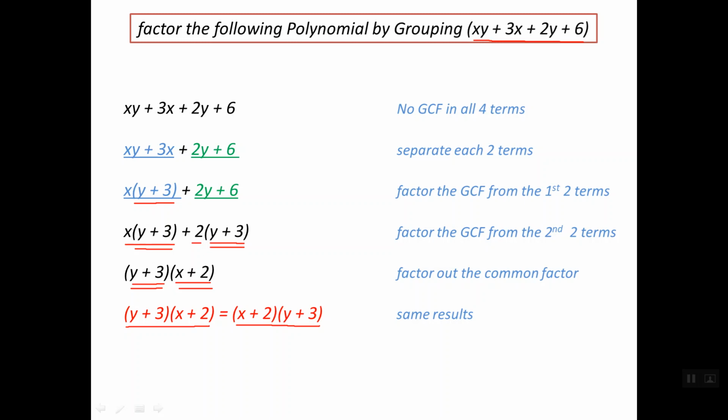This is one of the properties of the multiplication operation. So we reach the same result. As a summary, because we reach a solution for the previous polynomial, we should reach the same solution for the second polynomial by the grouping.